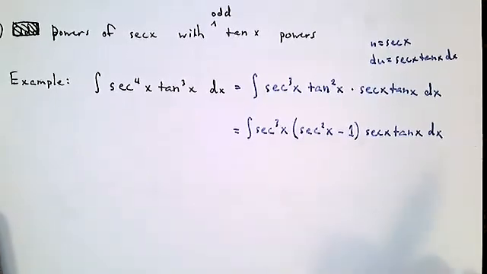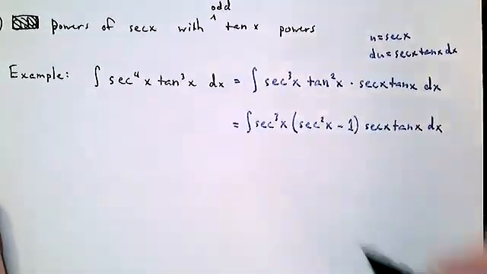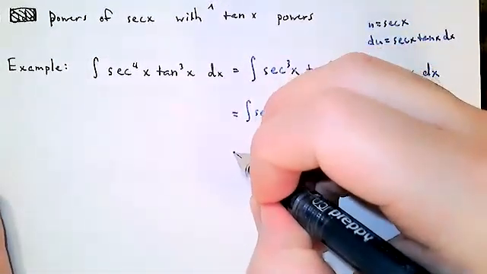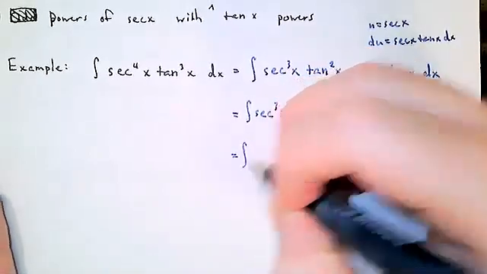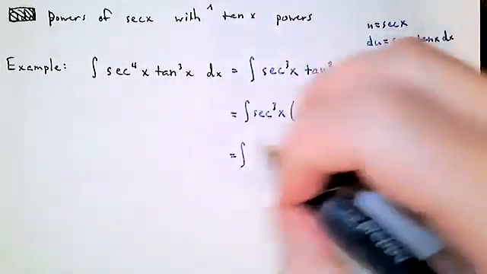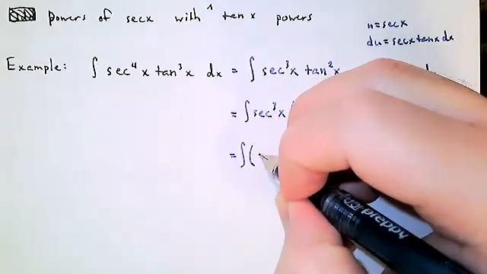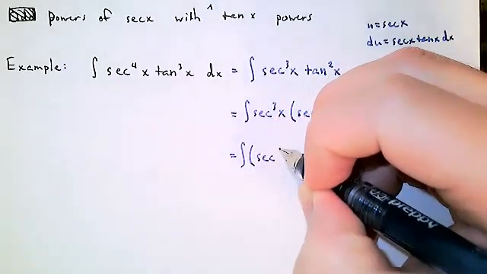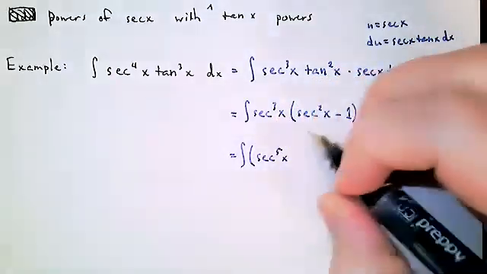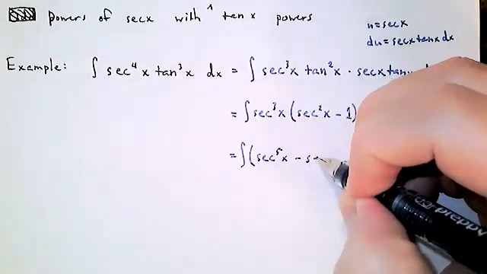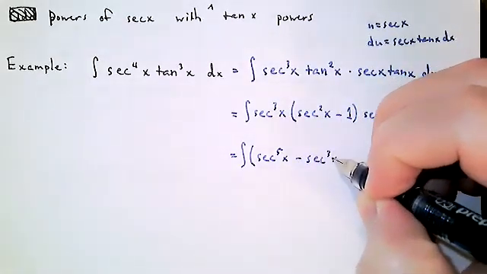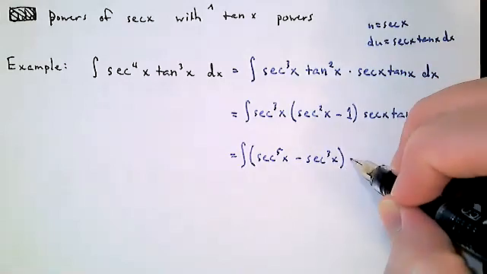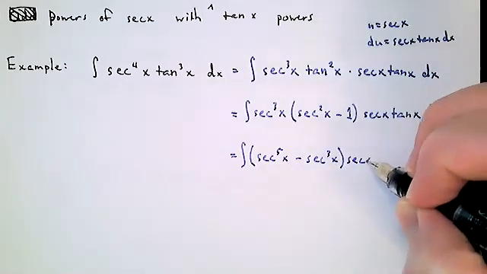And before we can finish off the integral, we'll have to distribute here this secant cubed into the parentheses, which gives us a secant to the 5th power of x minus secant cubed. And then bring down the rest.